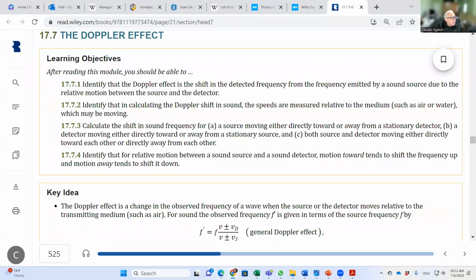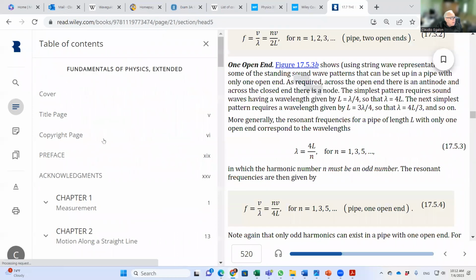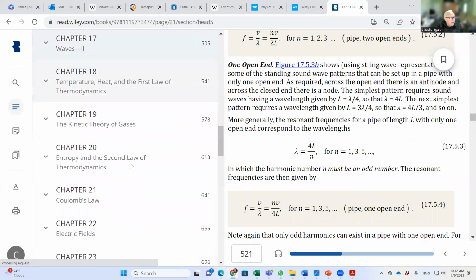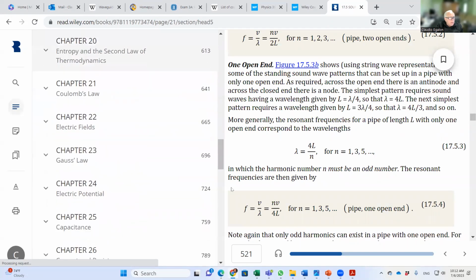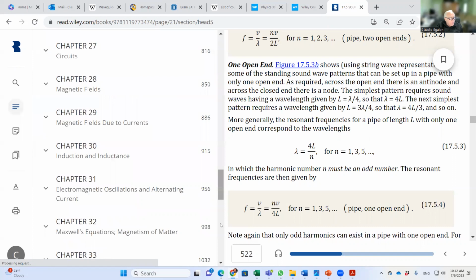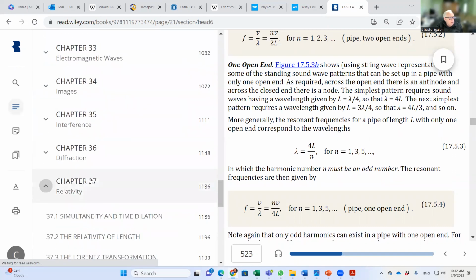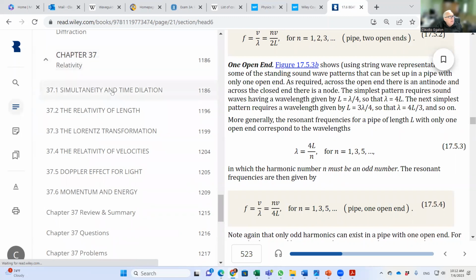Now, let's take a look at relativity, chapter 37. Simultaneity and time dilation, we saw that in the video.